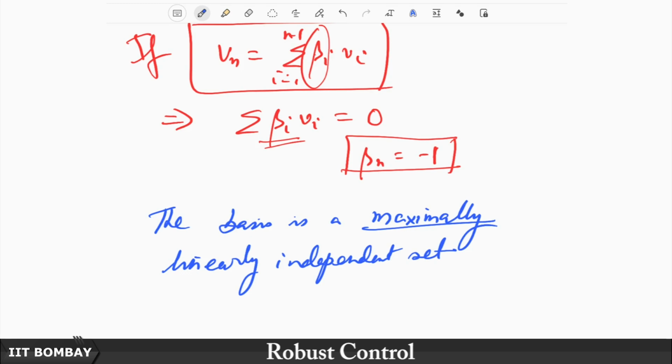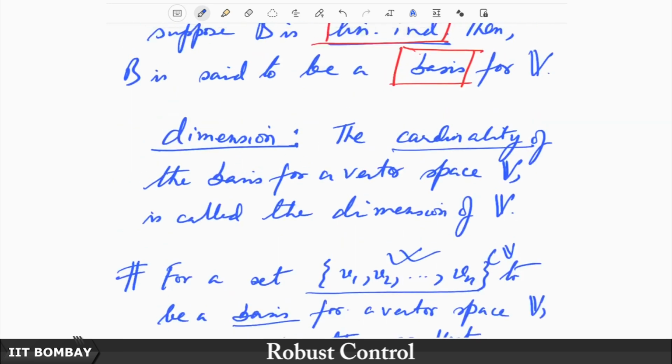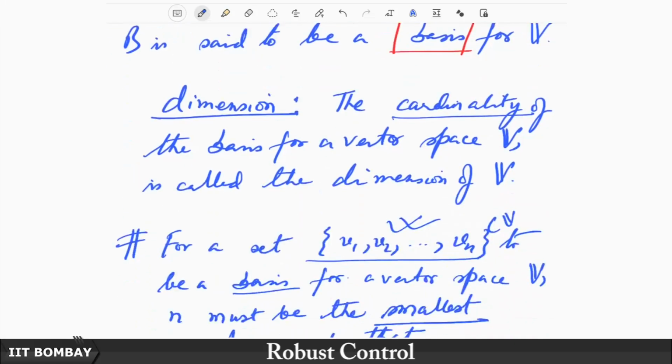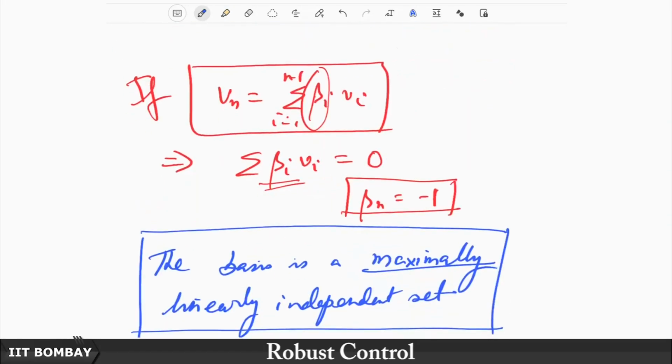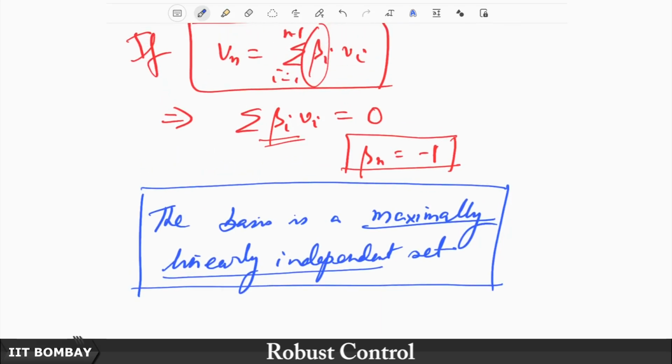So, how does it follow from the original definition? Let us try to build that connection here. The basis is a maximally linearly independent set. This, as I said, also means that the basis is both linearly independent and spanning. Of course, if it is maximally linearly independent, then it is obviously linearly independent. But how is it also going to span?